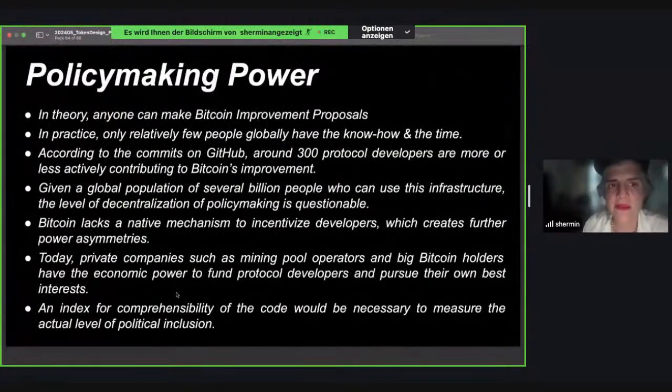In terms of policy-making power, the case is similar. In theory, anyone can make Bitcoin improvement proposals. In practice, as I mentioned before, only relatively few people globally have the know-how to do so.